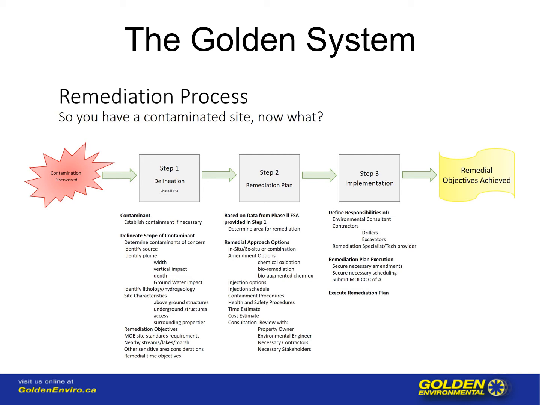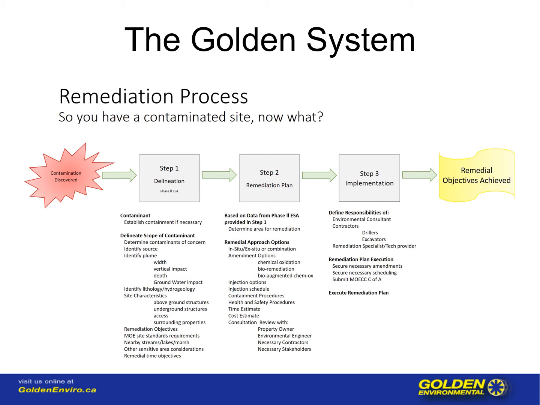Then we look at time, how much time this will take, how much time it will take to install the injection options, how long to put the amendment into the ground, how long is it going to take for the oxidant to cure or the amendment to cure. All of these factor into the costs, which are estimated in this remediation plan.